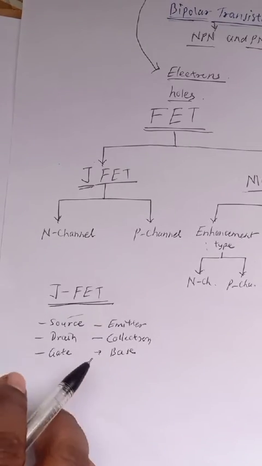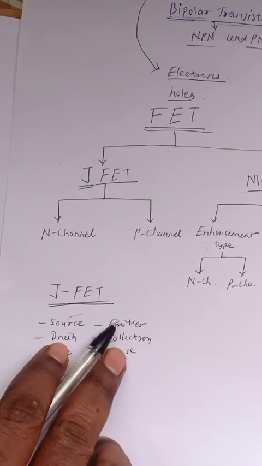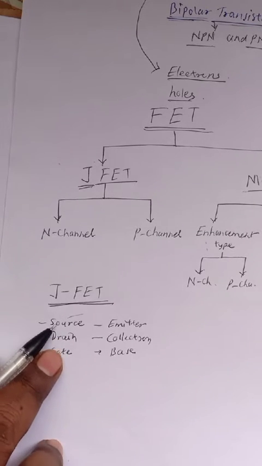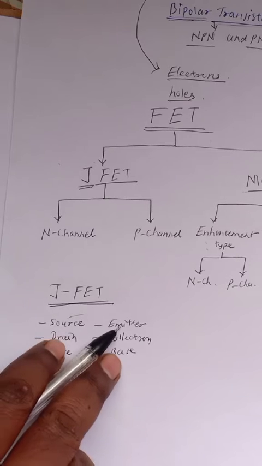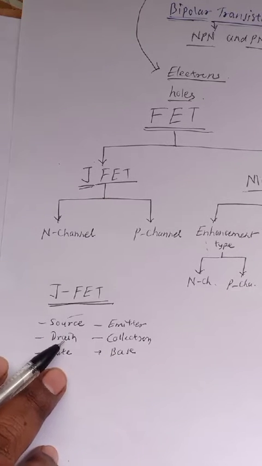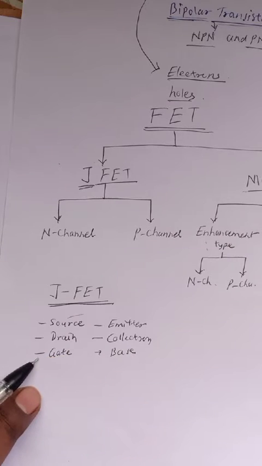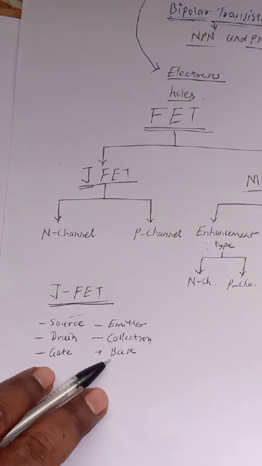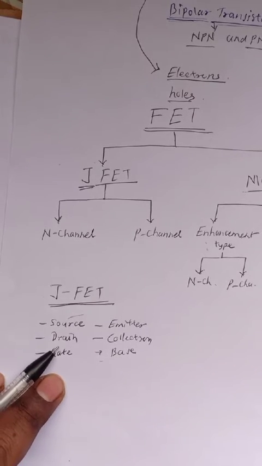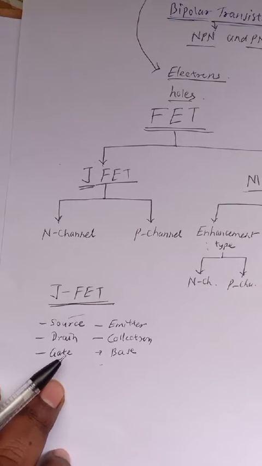So NPN and PNP transistors have three terminals, and the JFET also has three terminals: source, drain and gate. Source is just like an emitter, drain means taking out the charge carriers like a collector, and gate is just like a base. Base controls the collector current, so here the gate controls the drain to source current.